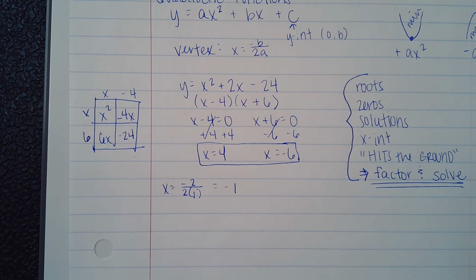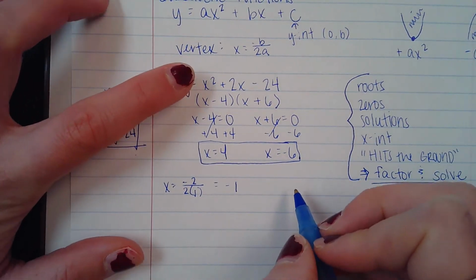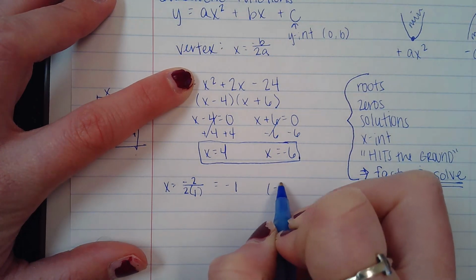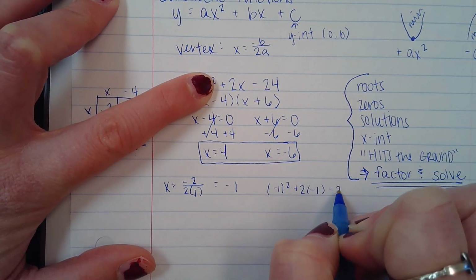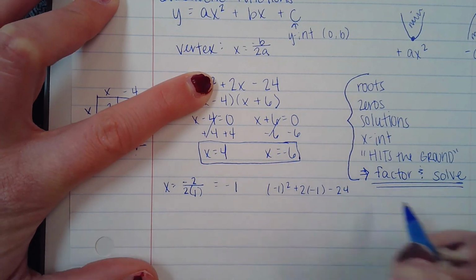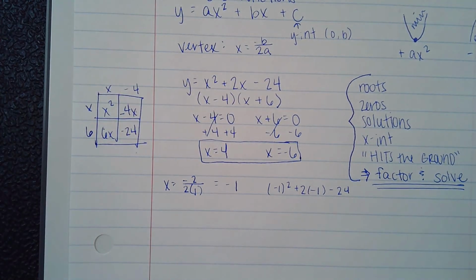To get the whole ordered pair for your vertex, we plug that negative 1 back into our original function. We'd have negative 1 squared plus 2 times negative 1 minus 24. Is that okay? All right, so negative 1 squared, what do you get?